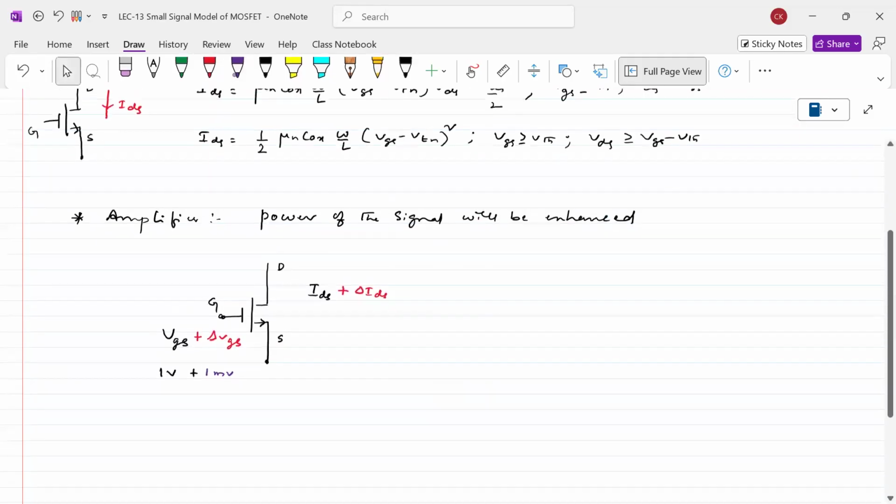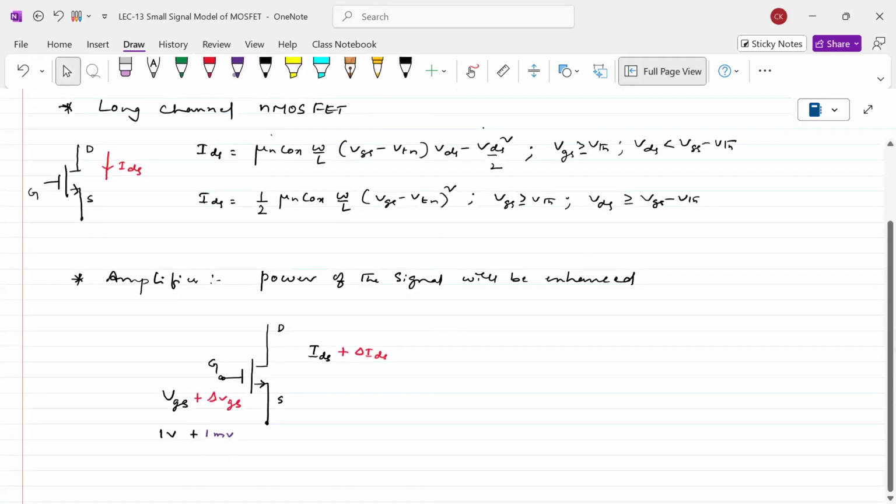But generally, the MOSFET is inherently a very complicated device. And one more thing is it's a non-linear device, because sometimes it's linear, sometimes non-linear. So definitely it is a non-linear device. How does this non-linear device behave for small changes of the input?